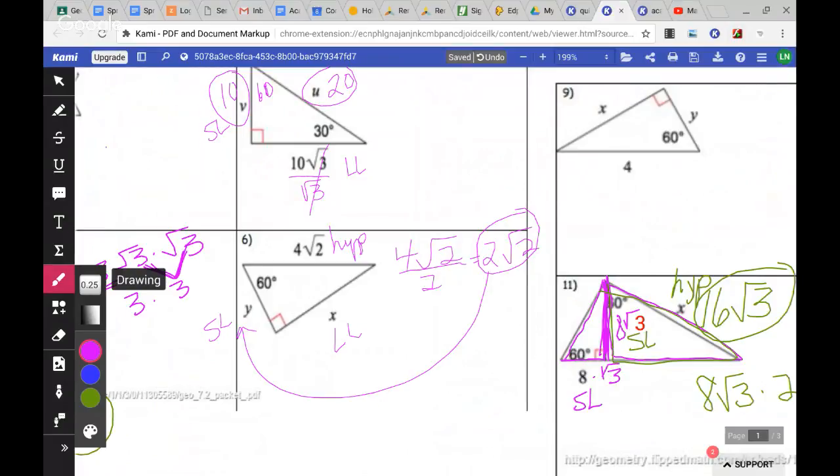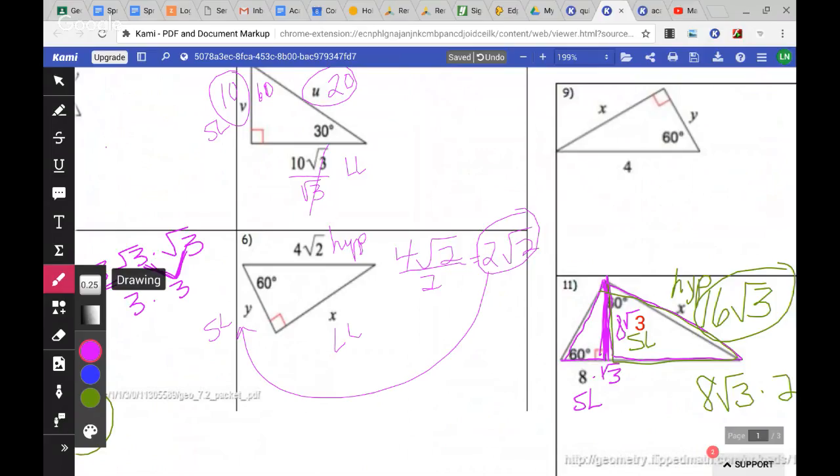So it's like dividing it by 2, so it wouldn't really be dividing it by 2 and getting the long leg. That's good logic. And we used 2 as our magic number. We divided by 2. And that's always the magic number between the short leg and the hypotenuse. Because remember, the short leg's like home base.